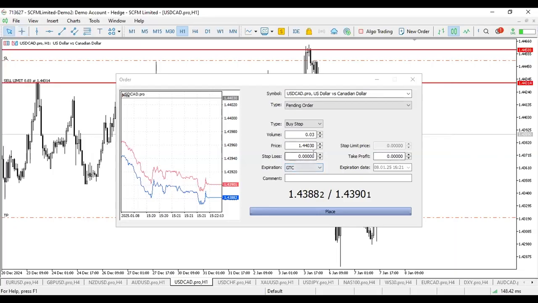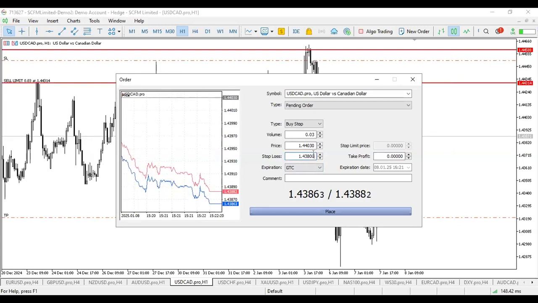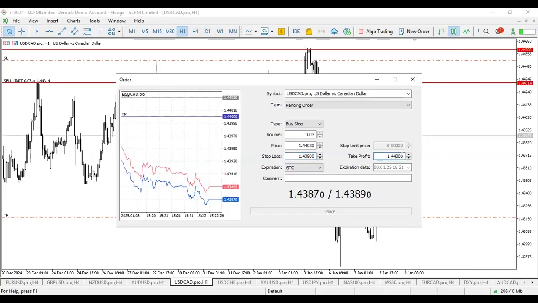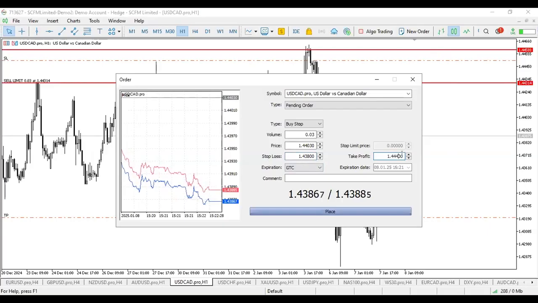So maybe let's use that. 1.43800, and then you can have a take profit at 1.44400. This is just an example, 1.44400 in this case.